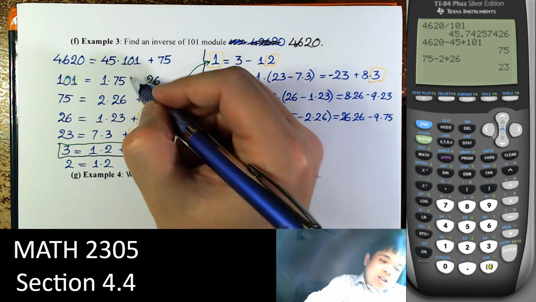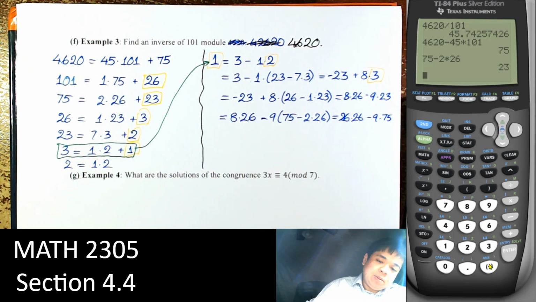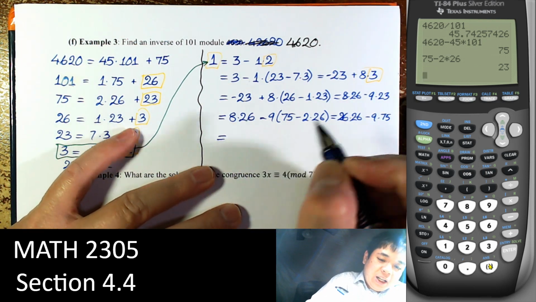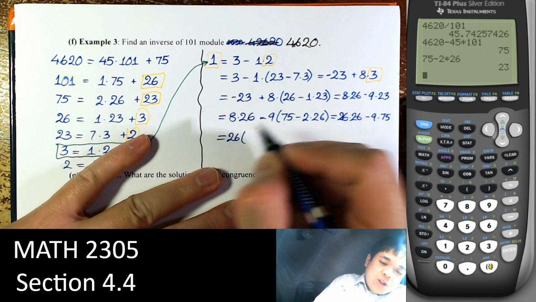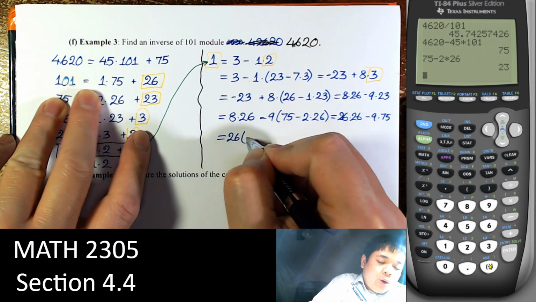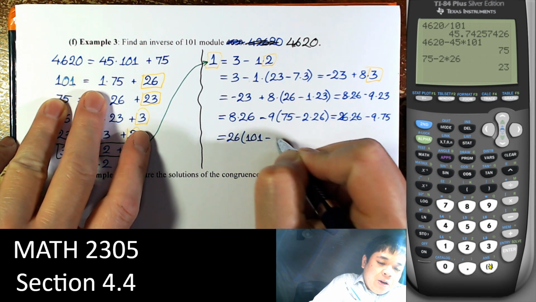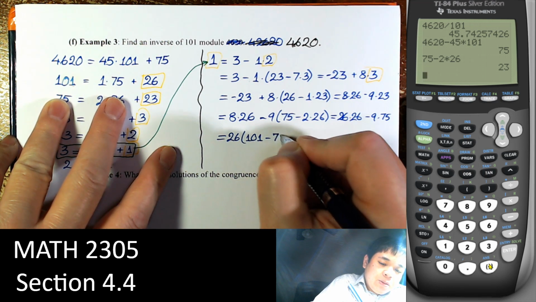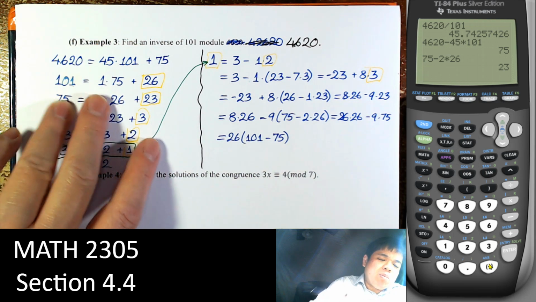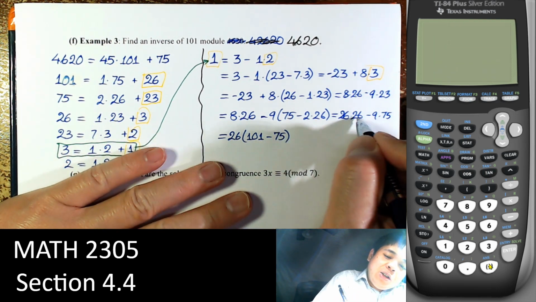Took care of that. Now took care of 26. Replace one, either one of them. With custom, replace that to the second. So be 101 minus 75. Or 1 times 75, that's the same thing. So that's the first one.